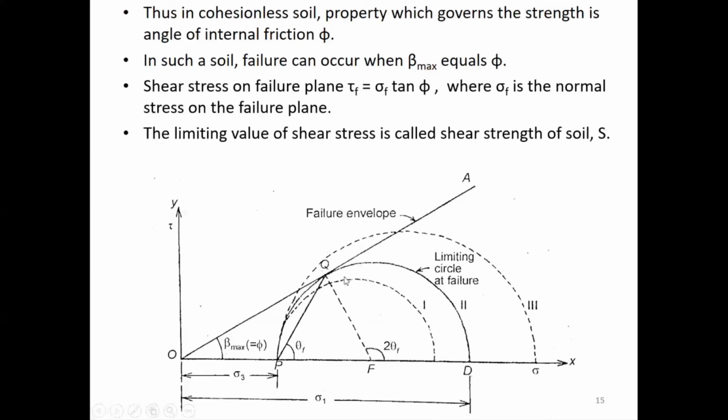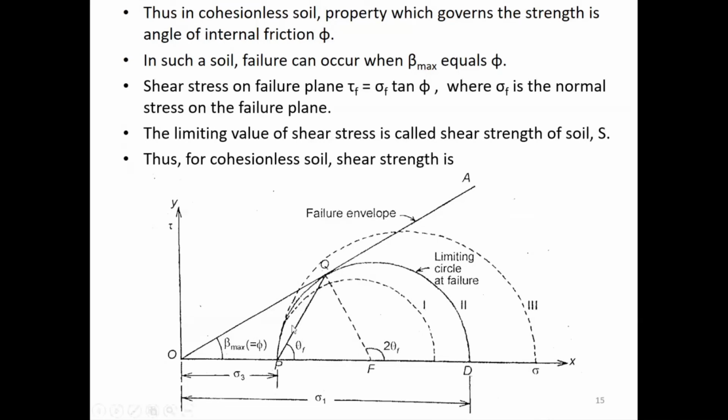For this Mohr circle, my shear strength of the soil will be the limiting value of shear stress. This tau f will be my limiting value of shear stress in the soil, which is basically my shear strength. Correct? The limiting value of shear stress in the soil is its shear strength.